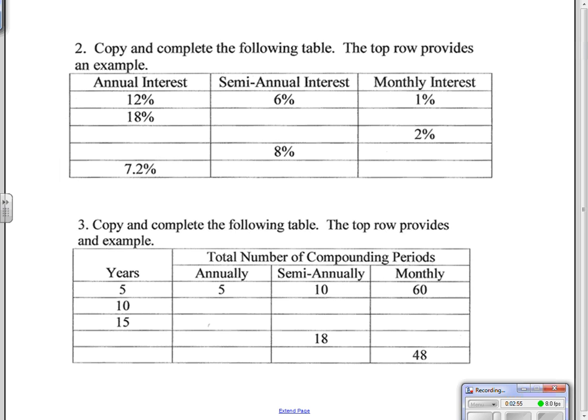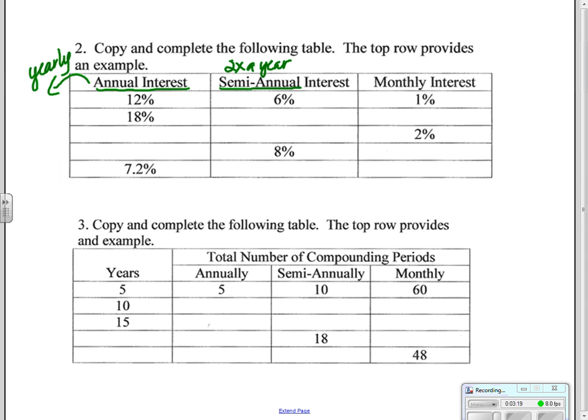So if you are given an annual interest rate, that means yearly, at the bank of 12%, they can't give you 12% if they were to calculate your interest twice a year, or they'd go broke.